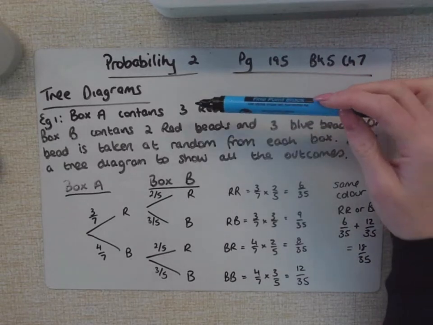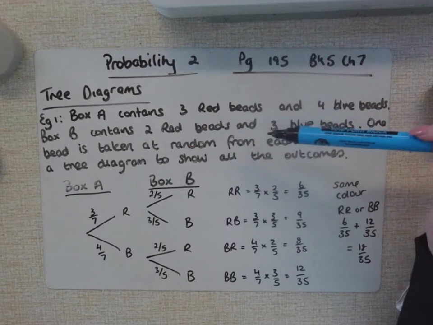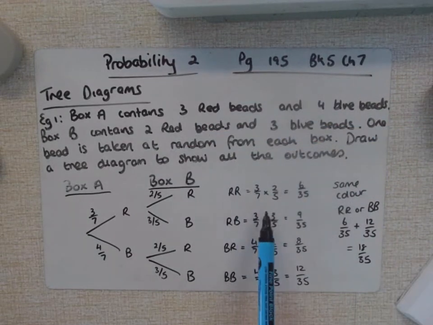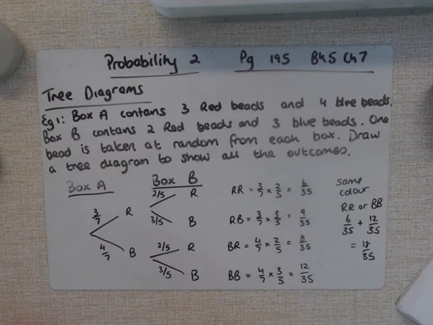So the probability of a red is 3 out of 7 and a red out of the next one is 2 out of 5, which is what we have here. So you can just skip to this bit, but the tree diagram does sometimes help to lay it out in your head. Okay? Let's just do one other example of where things aren't replaced, okay?